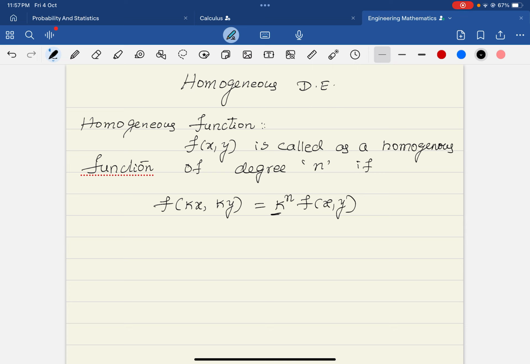Then we say that the function is a homogeneous function of degree n.